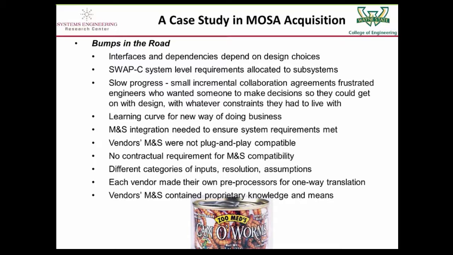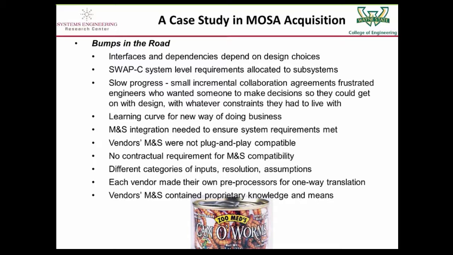So the separation, the coupling, actually depended on the choices of design and were not inherent to the functional decomposition, but they depended to some extent on the exact solution.